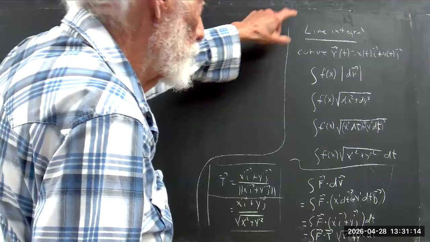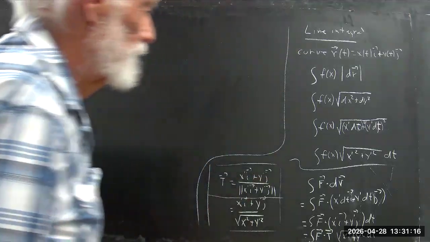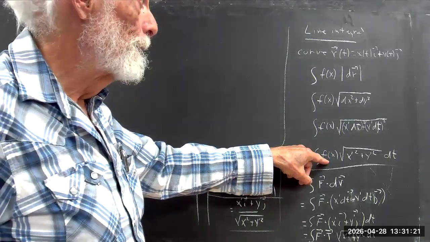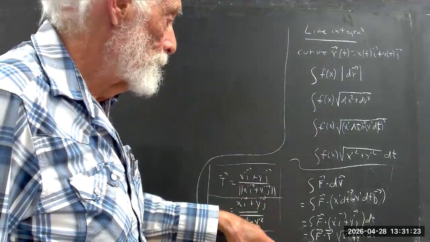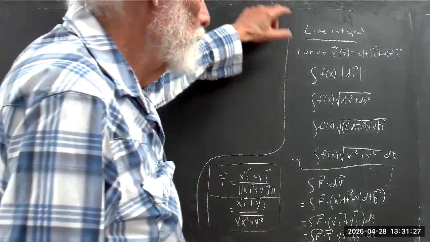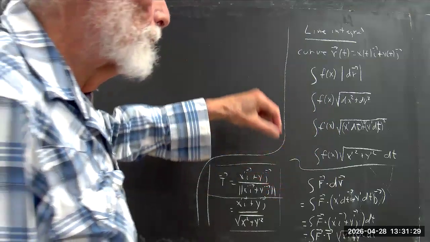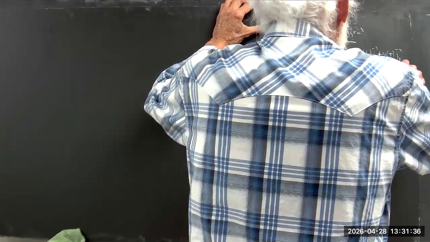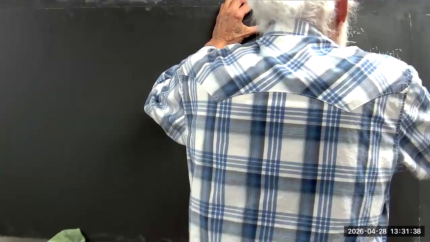Okay, well, enough preaching. That's kind of a summary of the line integral of a scalar function f of x over a curve, or a vector function over a curve. Now, the curve, I've suppressed it because I didn't want to get into a lot of detail, but the curve is defined over some t interval, a less than or equal to t less than or equal to b.